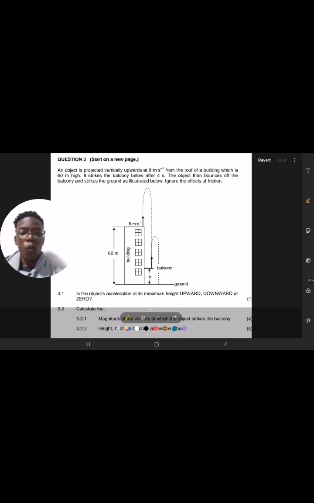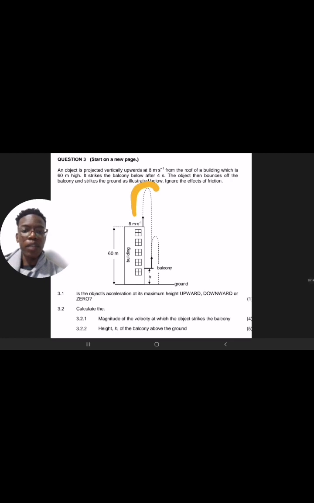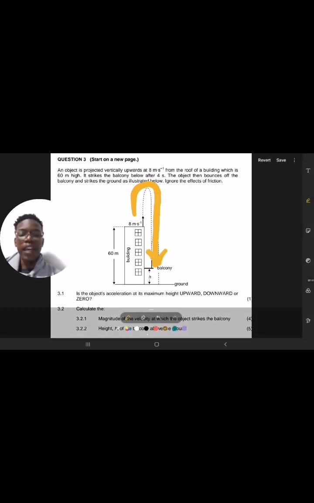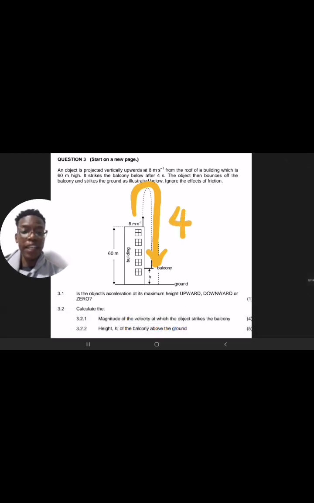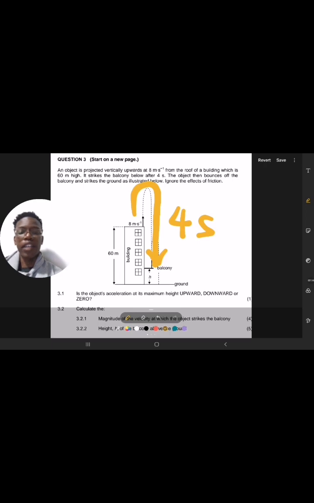Okay, so once this object has been thrown, it goes up, changes direction, goes down, and then it strikes the balcony. And by the time it strikes the balcony down there, 4 seconds have gone past. So from the moment that the object was thrown from the roof to the instant that it struck the balcony further down, 4 seconds went by.